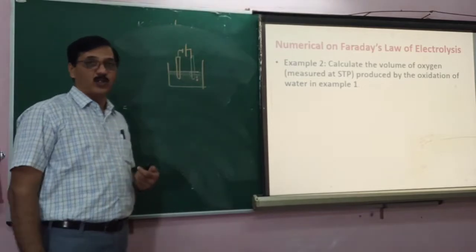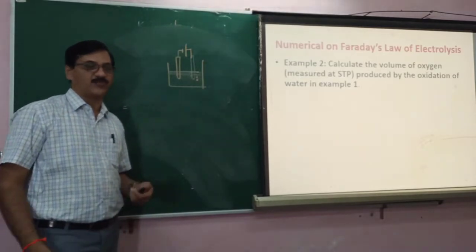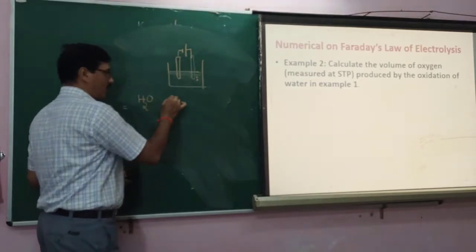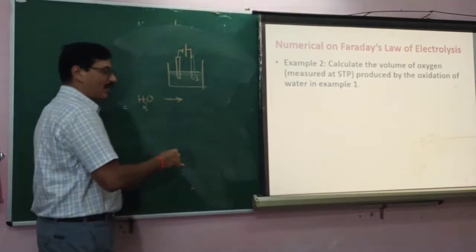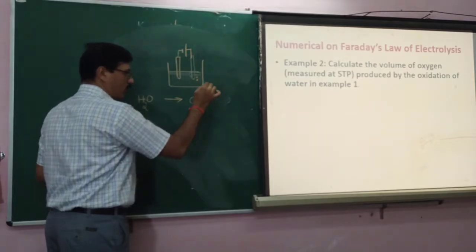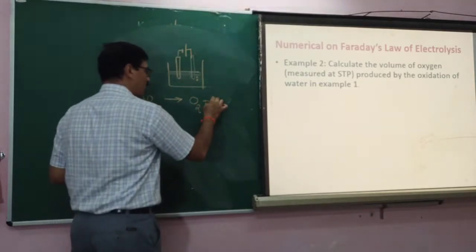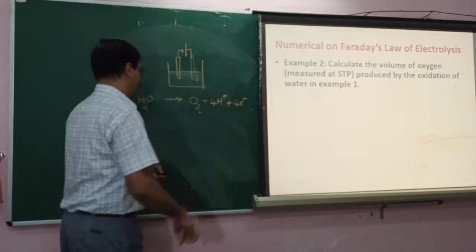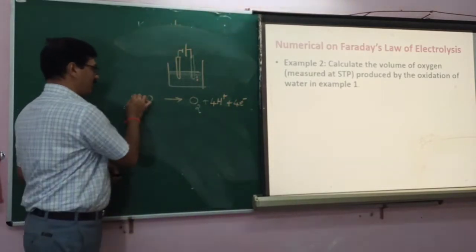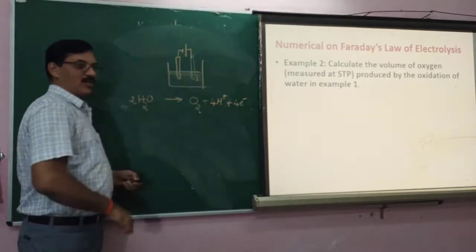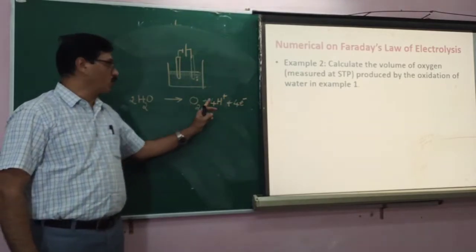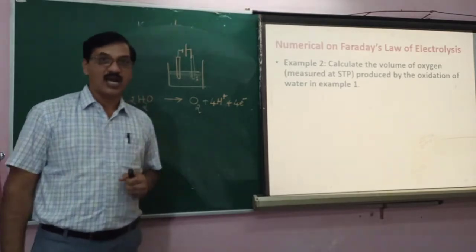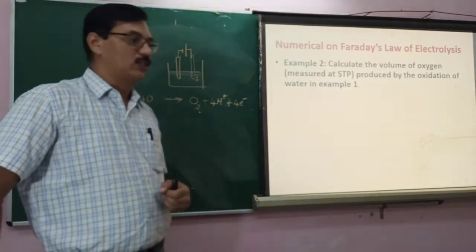Now always we want a key equation for that. What is the key equation when water undergoes oxidation? 2H2O giving rise to O2 and 4H plus ions plus 4 electrons. This is the half equation to be remembered and to be written.